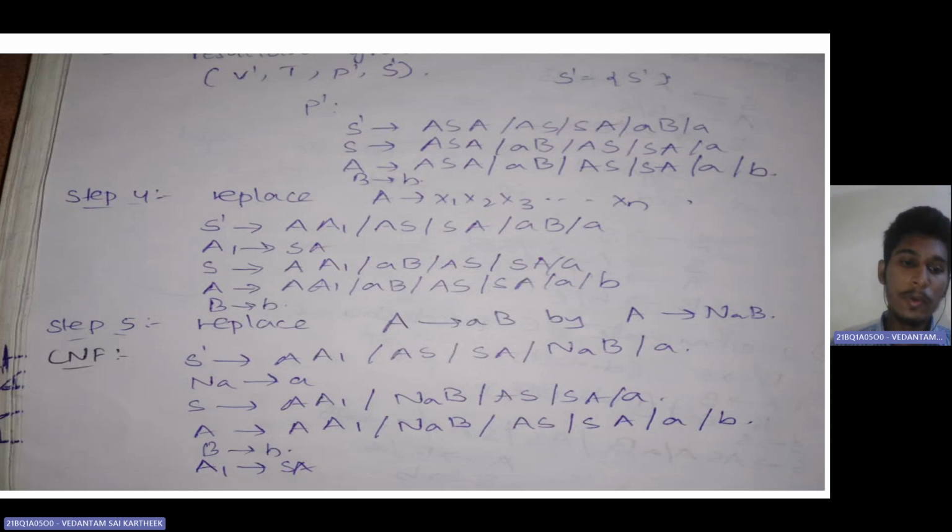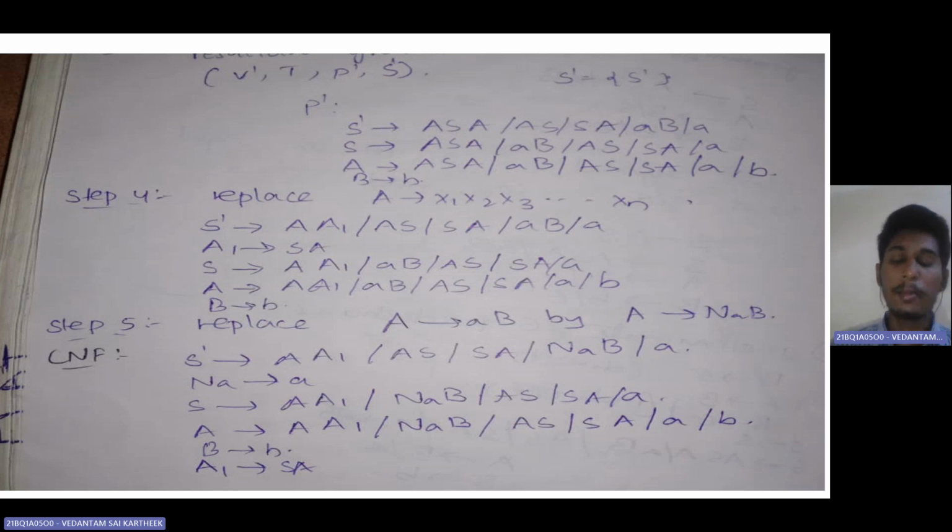At last, we can see that all the productions are in the form of S to capital A capital B, and capital A implies small a, or alpha, I must say.